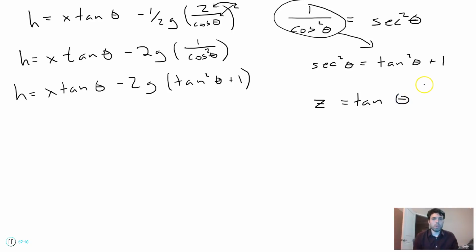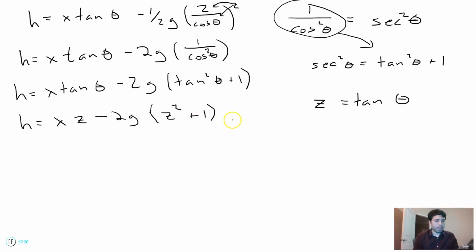I'll just make it my own variable. Anytime I see a tangent theta, I can replace it with z. It's just a way to simplify things. So let's rewrite it this way. I got h equals x times z minus 2g times z squared plus 1.